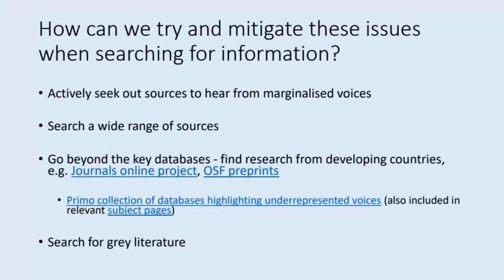It's such an important topic, but we felt it's really important to raise these issues within literature searching sessions, because we feel that everyone should be aware of these issues and actively trying to find research from researchers from across the globe and not just certain countries. So I'm going to pass over to Tanya now, because she is going to tell you more about grey literature and how you can search it.